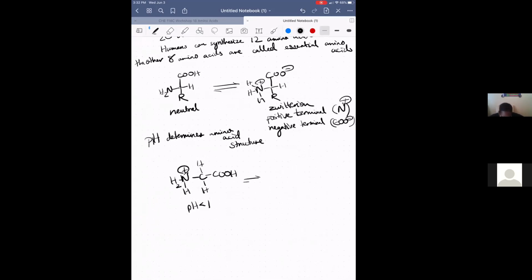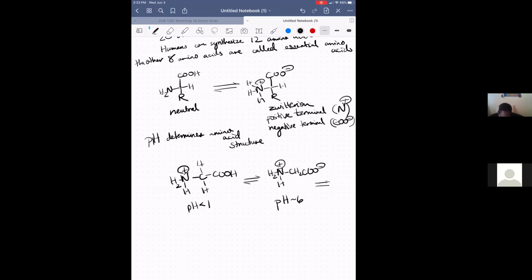You can imagine that there's some equilibrium. If we get to a pH that is around 6 or 7, our neutral pH, this is where, for this specific amino acid at least, our Zwitter ion exists. It would be N with H3 and a positive formal charge, and then COO minus.